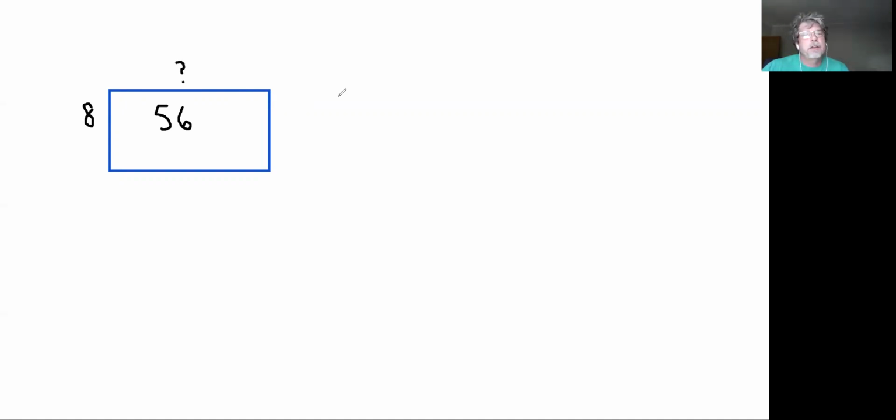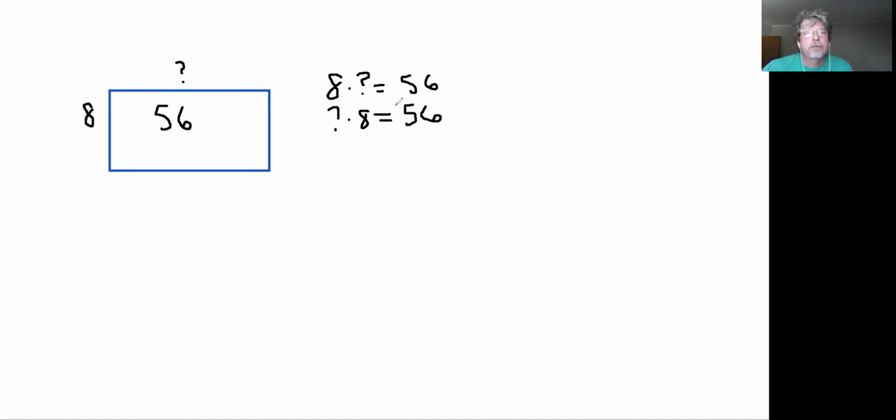So what I could pick up on in the rectangle again is 8 times something must give me 56. Or I also could say something times 8 equals 56. Remember, a lot of times you can also use a dot for multiplication, or parentheses.